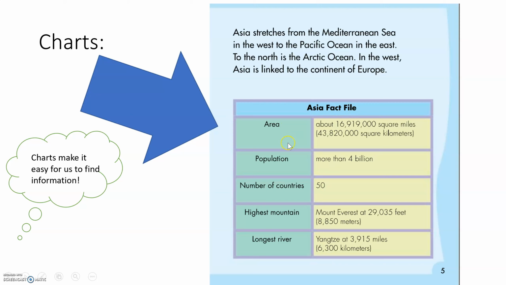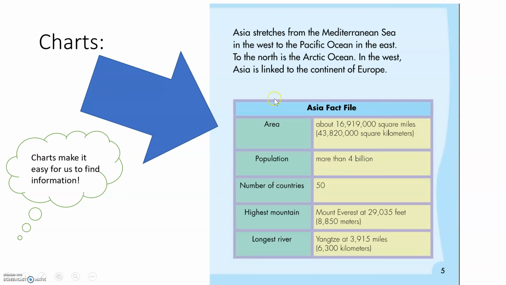And it provides us all these different categories on the chart. It tells us the area, the population. Population is about how many people live in an area. The number of countries, the highest mountain, and the longest river. So it gives us all these facts quickly. Charts make it easy for us to find information.